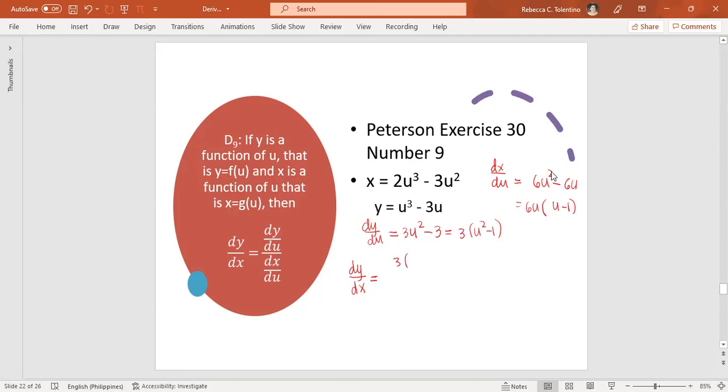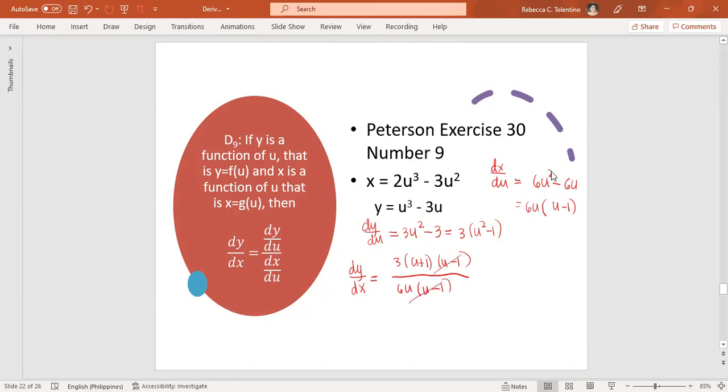Now, being aware that our dx over du actually has u minus 1, we can express u squared minus 1 as u plus 1 times u minus 1. So that when we plug in the value of dx over du, we copy 6u times u minus 1, it will facilitate the cancellation of u minus 1.